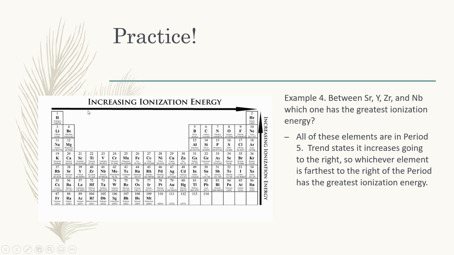And we're going to look at this trend over here at the top that says increasing going to the right. So whichever one of these 4 is farthest to the right has the greatest ionization energy. So strontium is farthest to the left, then yttrium, zirconium, and niobium is the one farthest to the right, so it has the greatest ionization energy.